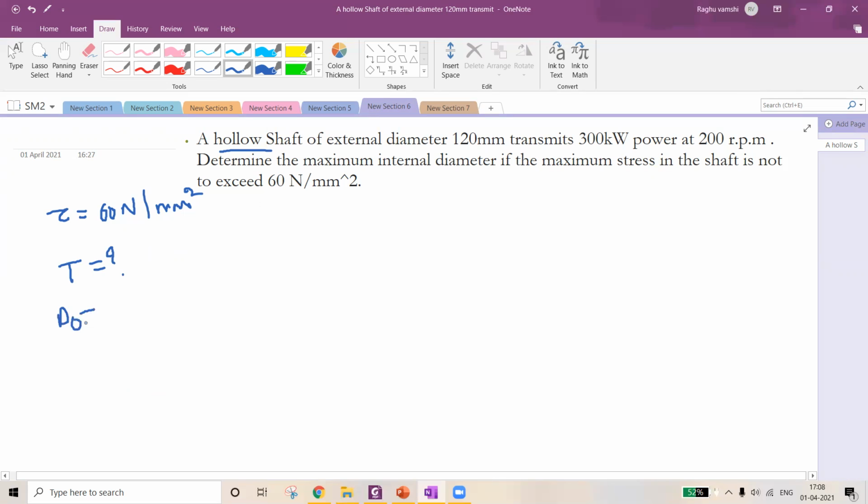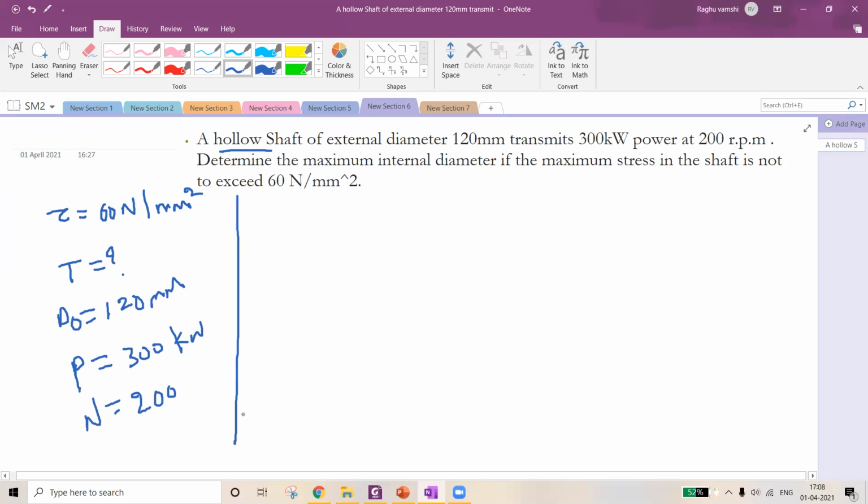We have outer diameter 120 mm, transmitting a power of 300 kilowatts at 200 rpm. As usual, write down the power equation. P equals 2 pi N T by 60.